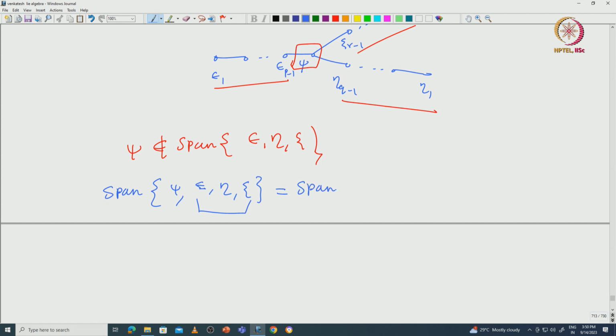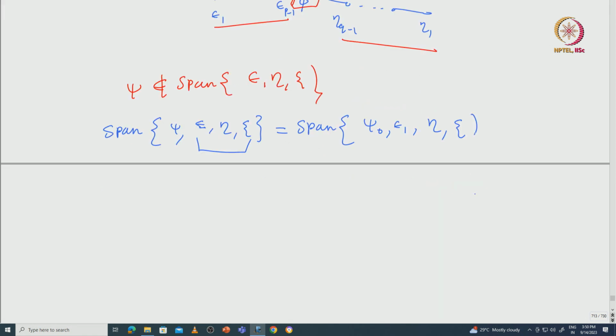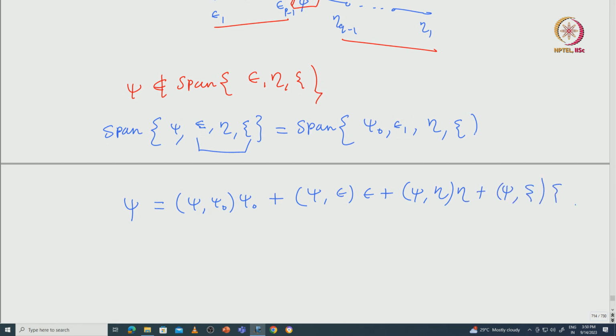Then you can write xi as xi naught plus xi epsilon plus xi eta plus xi xi. So, note that xi naught must be non-zero because xi is not in the span of epsilon, eta, xi. This is exactly the argument that we gave earlier.